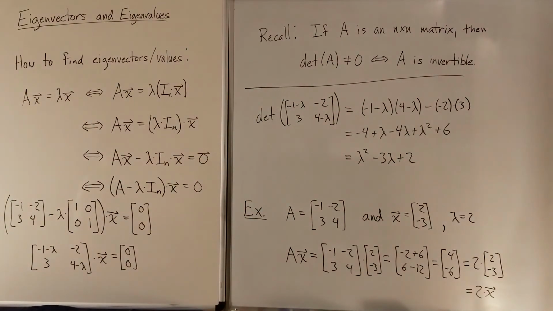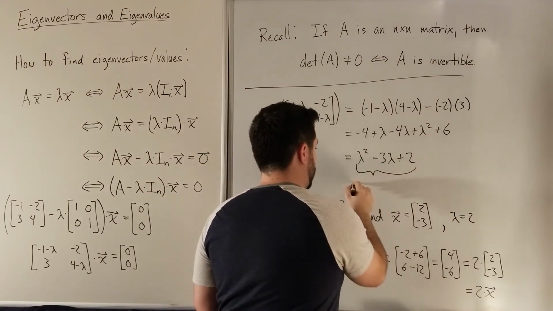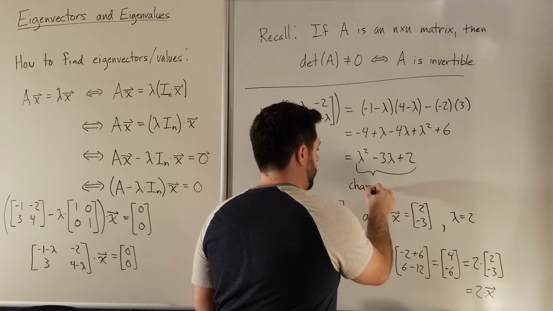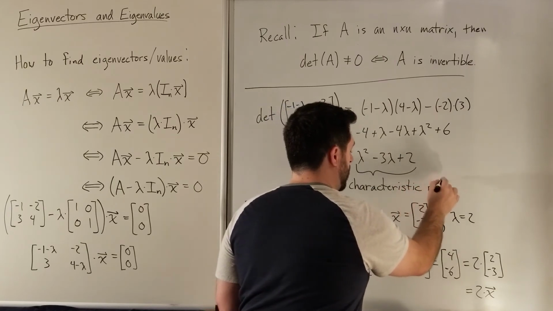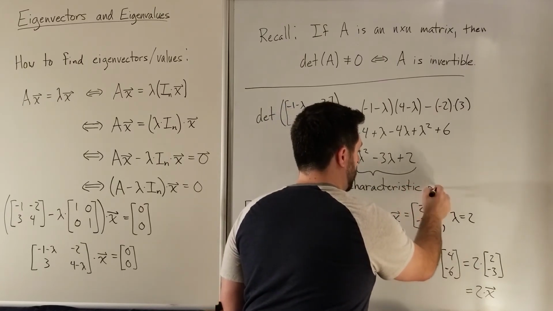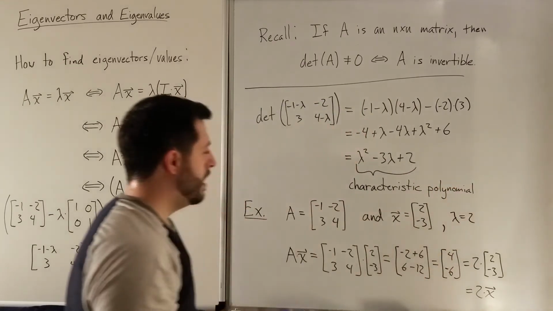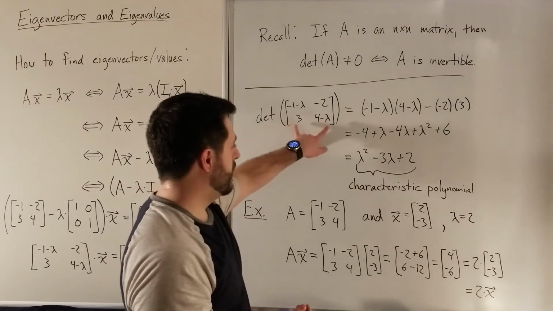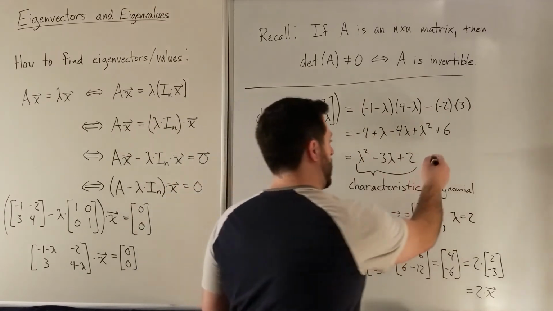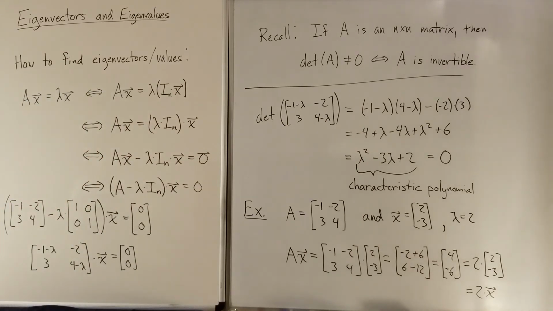So what we have here is something called the characteristic polynomial. And in general, the characteristic equation says that this determinant, when you set it equal to 0, is going to give you an equation that every eigenvalue will satisfy.